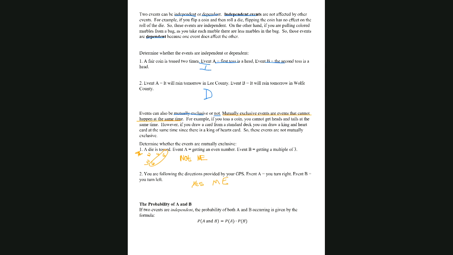All right. So now what we want to do is consider events that we're taking together. 2 events that we're looking at together, or 2 or more actually. So we have something called "and."